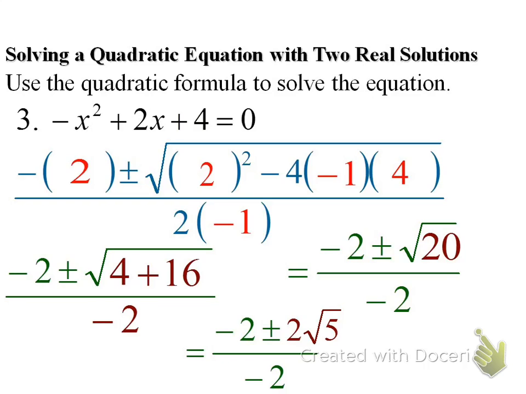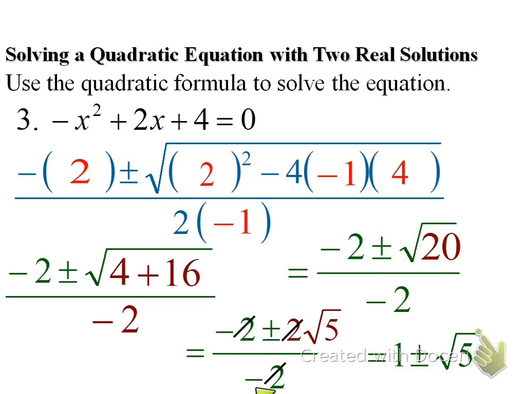Can you cancel the -2? Very good. So they all have 2's in them, right? So you can simplify. Now let me point something out. These 2 were both -2's. And then here you have a positive and a negative, so you don't really need to worry about your signs so much here because it's basically like turning the plus into a minus and the minus into a plus, so you still have both of them plus or minus.